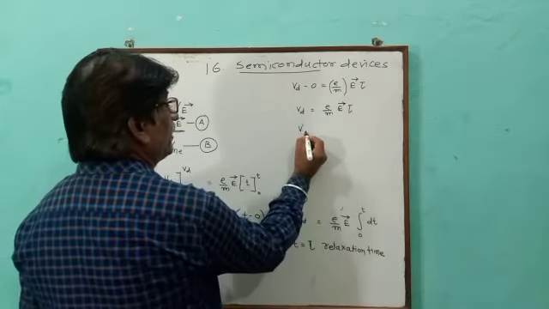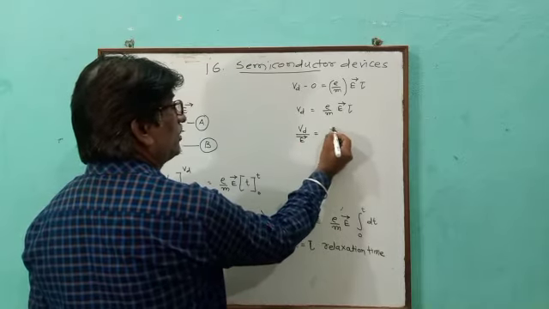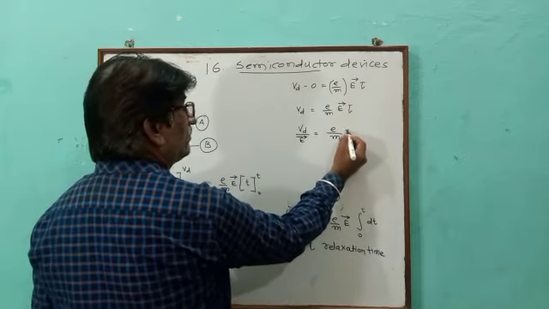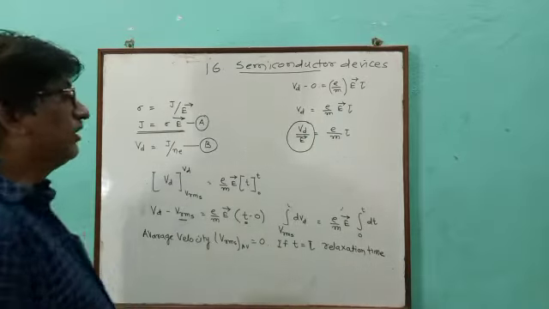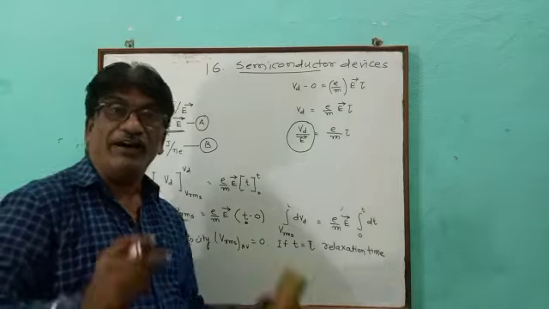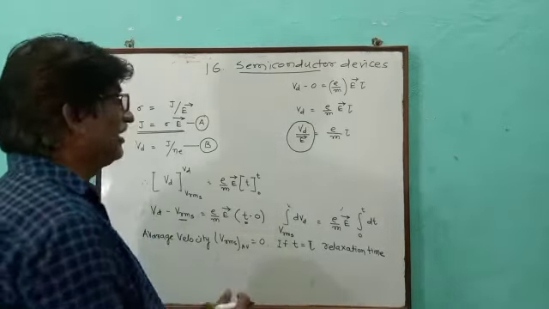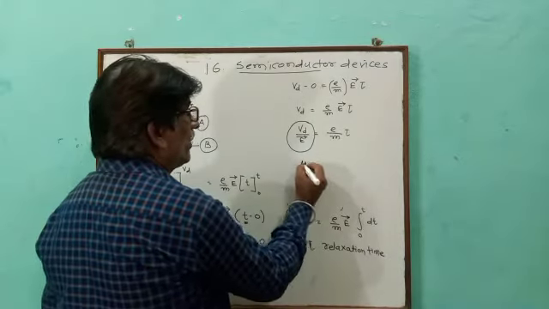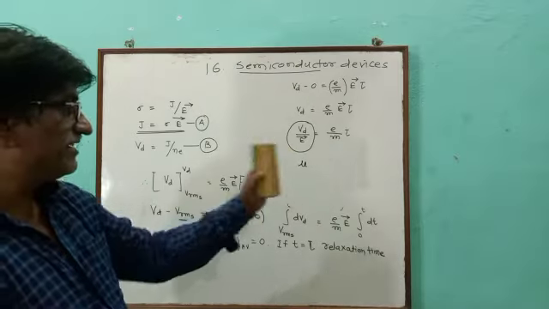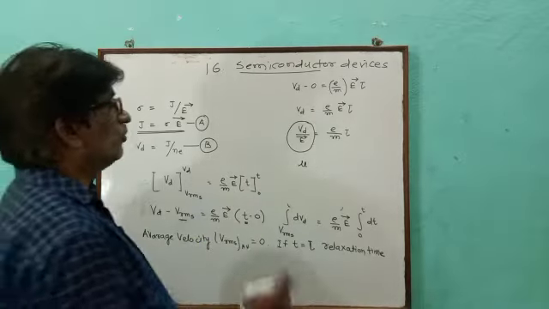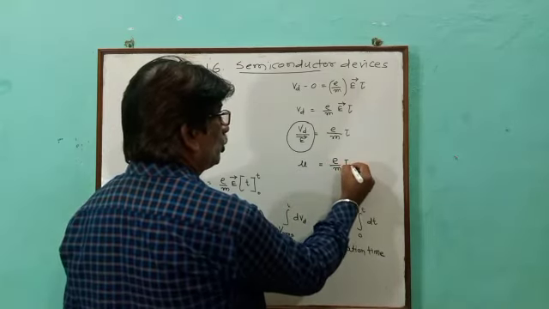So drift velocity upon electric field is equal to e upon m tau. The ratio of drift velocity to the electric field intensity is called the mobility of a charge carrier, which can be represented as mu. So mu is equal to e upon m tau.